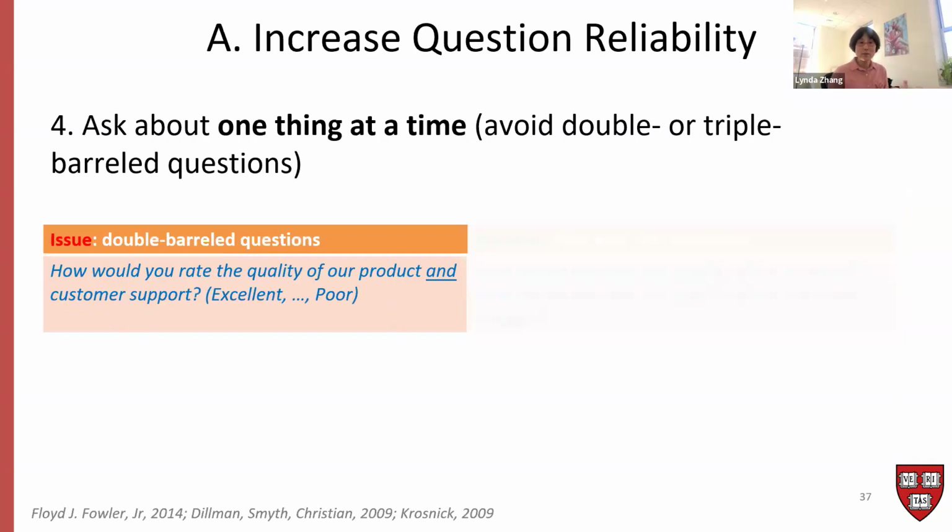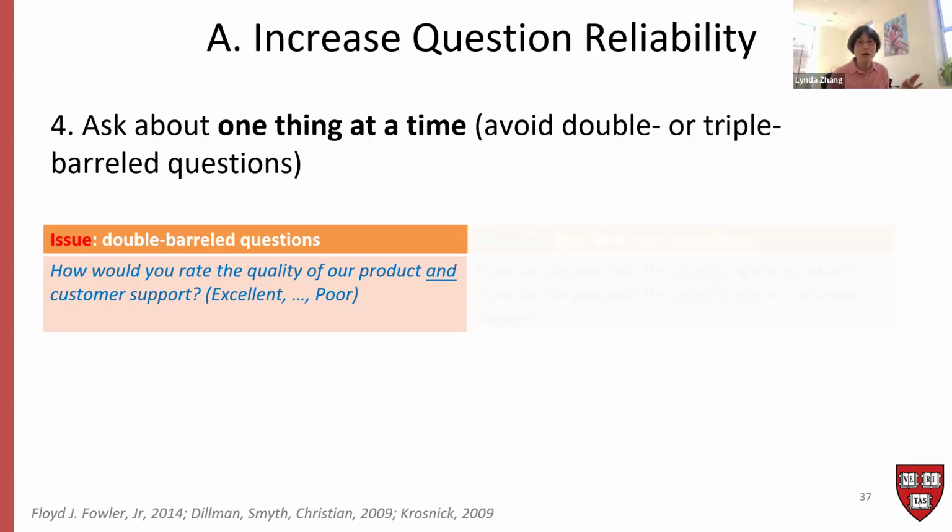And the fourth way is to ask one thing at a time and avoid double or triple-barreled questions. Here's an example of a double-barreled question. How would you rate the quality of our product and customer service? Whenever you see the word "and" in your question, you want to think about whether it is asking about two things.